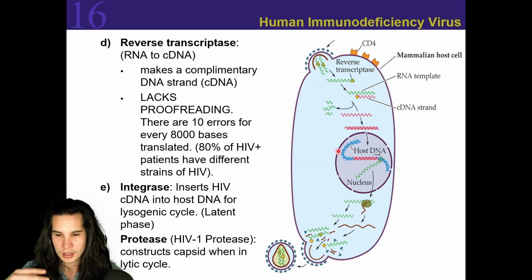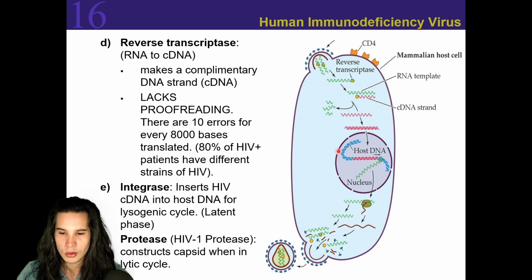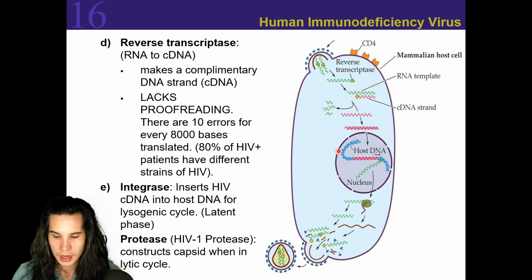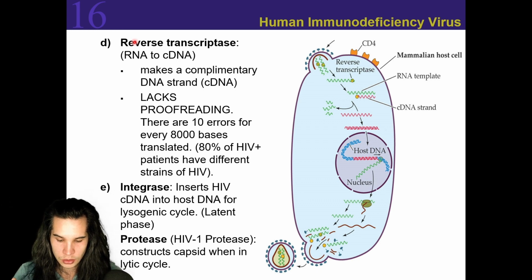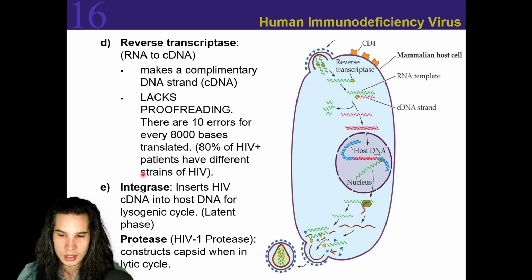So its genetic material is RNA. It recruits machinery to transcribe and translate that RNA into a protein that allows the virus to be converted from an RNA to DNA. And then the enzyme integrase integrates that DNA into the host's DNA.